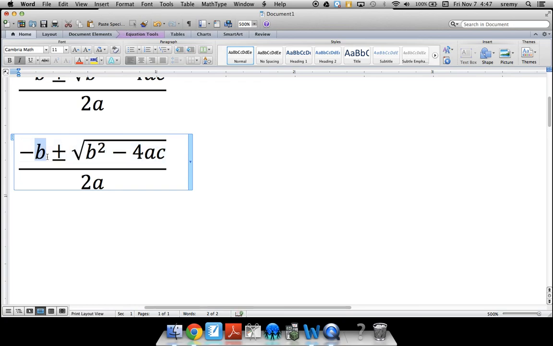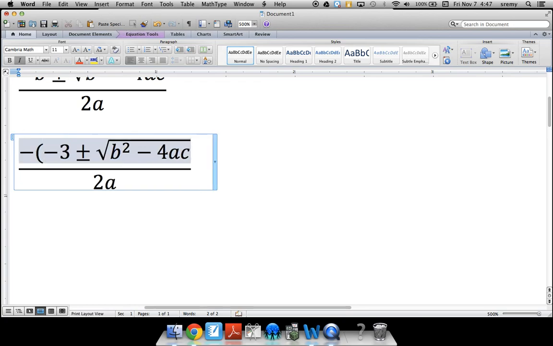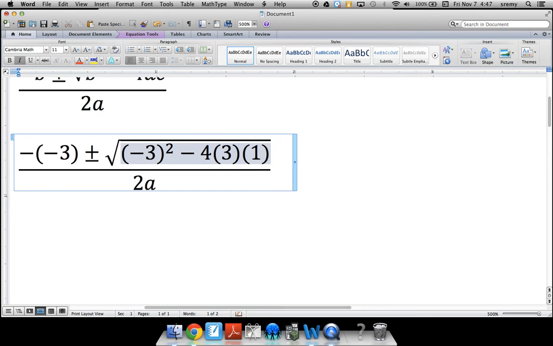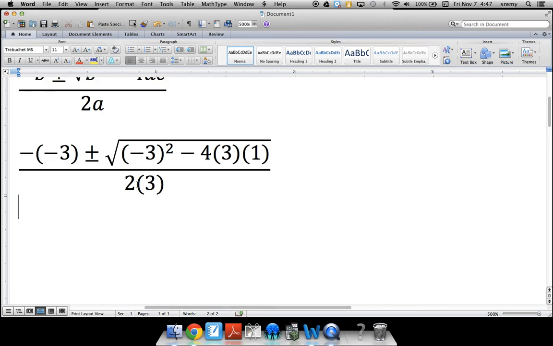Let's say you're doing a problem where the value of b is -3. And if the value of b is -3, then type that in there. Your values for a and c, you can type those in as well. Maybe it's that. And what was a again? A was 3. So highlight that, parentheses, 3. And then from there you can use that same template to do the rest of it.